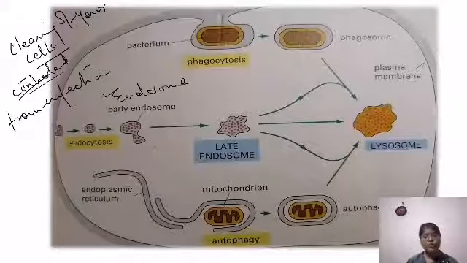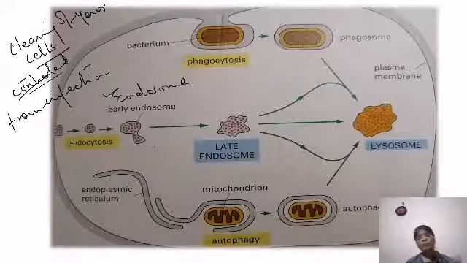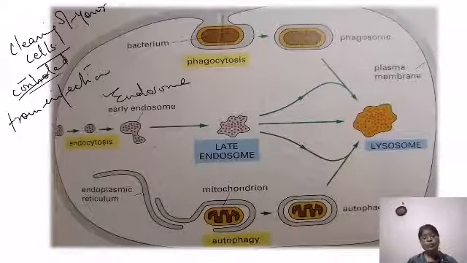That endosome grows in size and then fuses with the lysosome, and the lysosome digests that substance. So lysosomes are a very important organelle in that they help in cleaning the cell, in digesting food materials, and providing them to various parts of the cell.